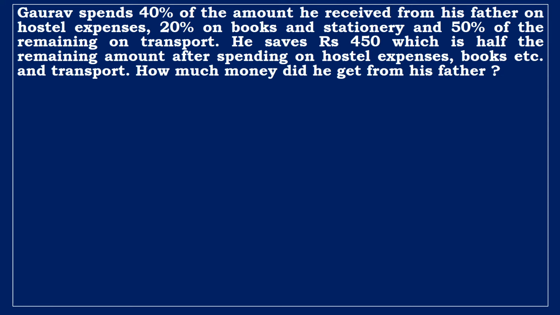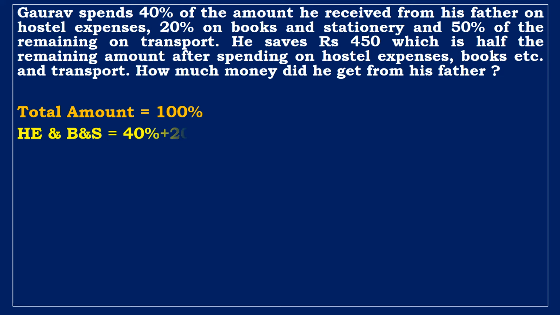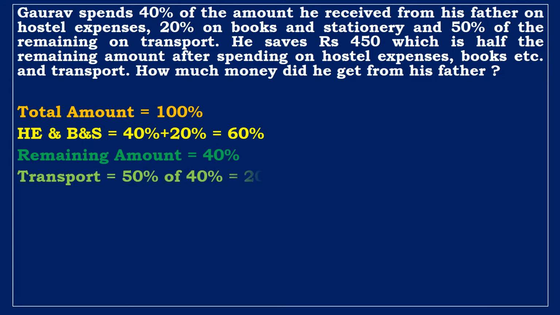Assume that the whole amount is 100%. 40% for hostel fees, 20% for books and stationery. The total expenses for the hostel, books, and stationery are 40% plus 20%, which is equal to 60%. The remaining amount is the difference between 100% and 60%, which is 40%. 50% of the remaining on transport is half of 40%, or 20%.